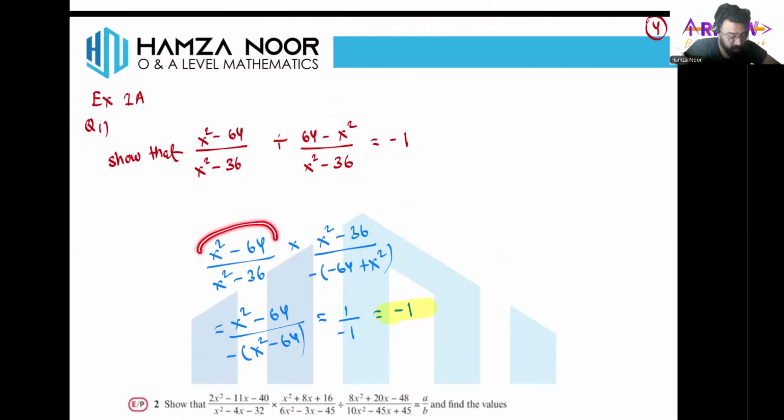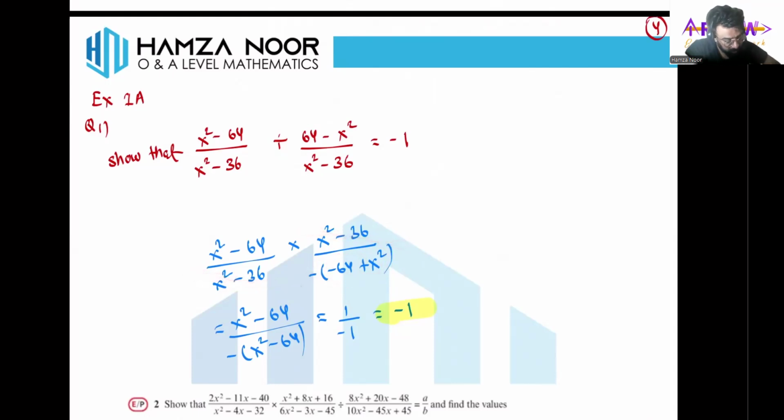So (x² − 64)/(x² − 36) is multiplied by (x² − 36) upon, in place of 64 − x², taking the minus sign as common, multiplied by (−64 + x²), so that I can identify the common factors as much as I can. As you can see, x² − 36 and x² − 36 got cancelled out.